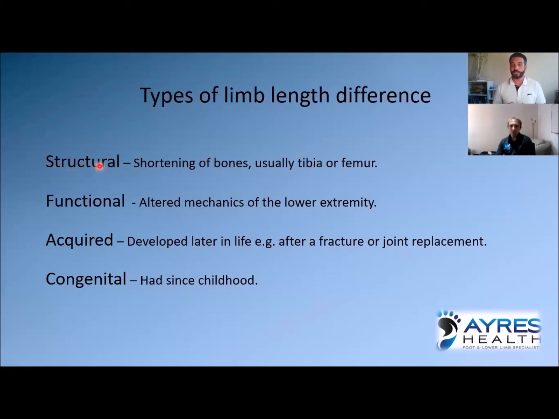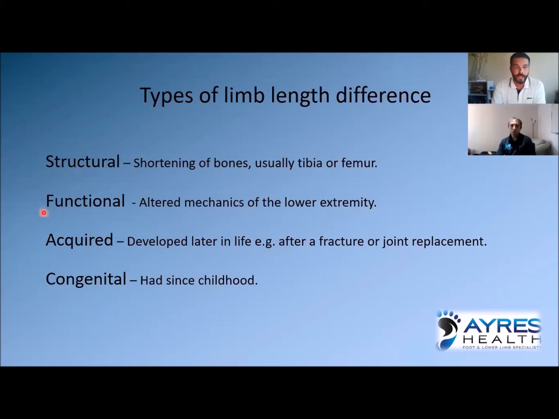So it's usually the tibia, the shin bone, or the femur that is shorter on one side than the other, or it could be both are shorter. So a structural one is where there's an actual structure within the body that is causing a limb length difference.